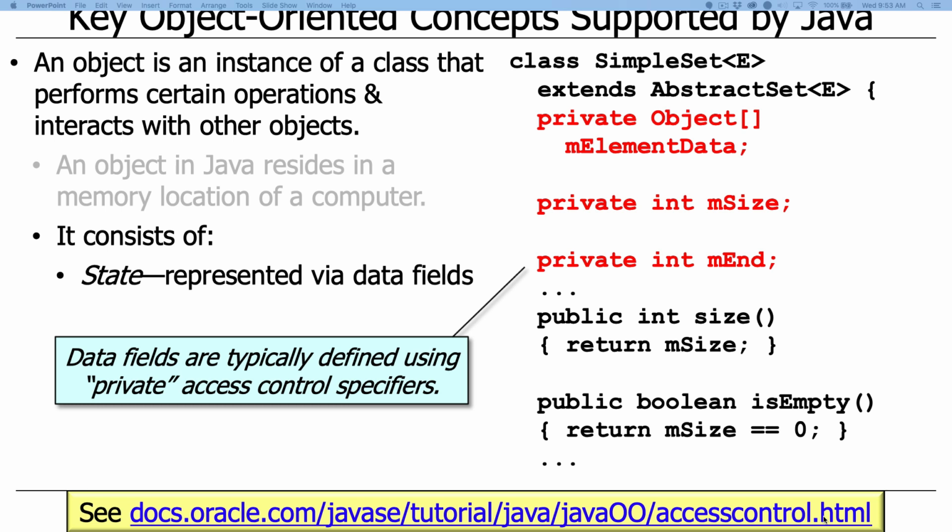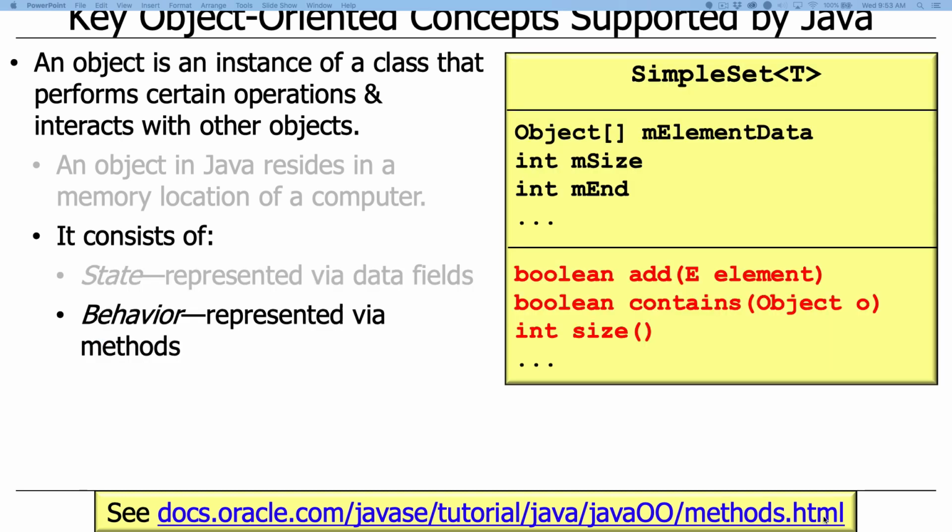So in Java, fields should almost always be hidden by being defined as private access control specifiers. Methods are usually public, helper methods are private, and you might use protected as a way to allow subclasses to do special things that you wouldn't just let any random client be able to do.